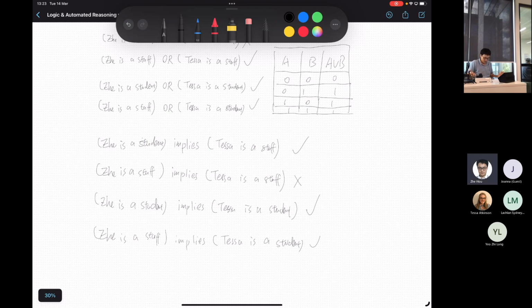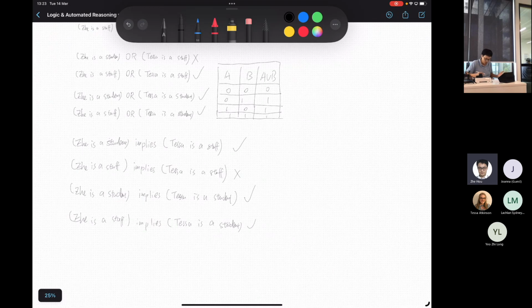So implication only cares about one thing: if the left-hand side is true, then the right-hand side must be true. So the only case the implication is false is when the left-hand side is true and the right-hand side is false. In all other cases, it's true.